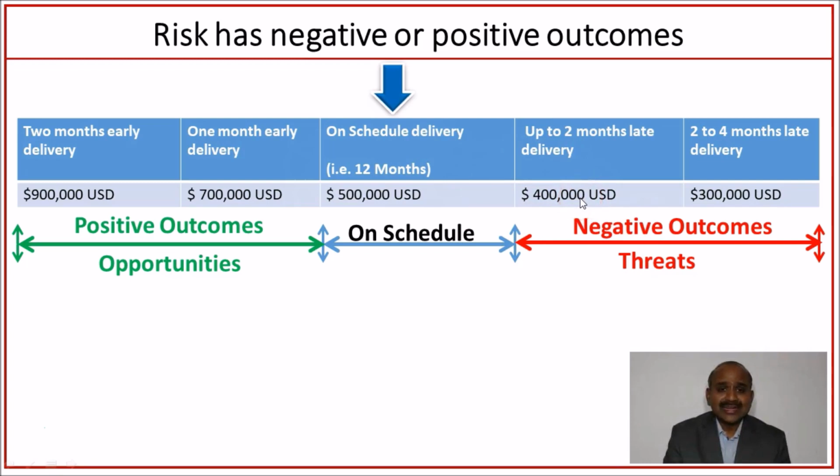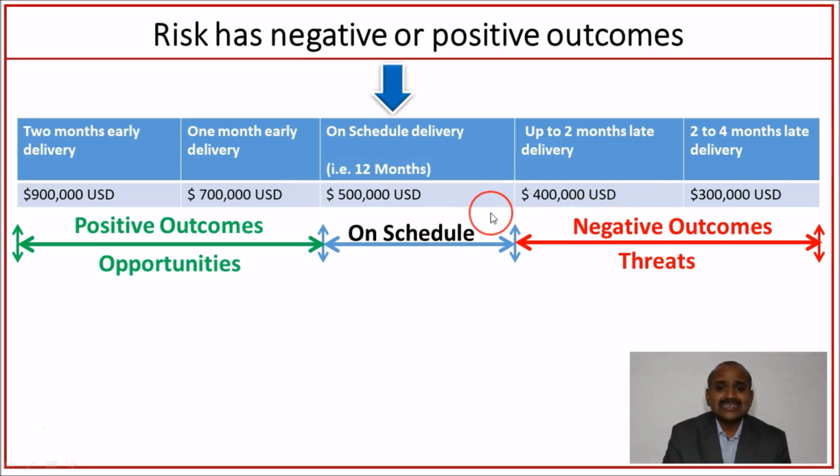Then the contract says we will only be paid $400,000 as against the agreed fees of $500,000. That means there is a fine of $100,000. So we are being paid less. So it is a negative outcome to the project. It is a threat to us.